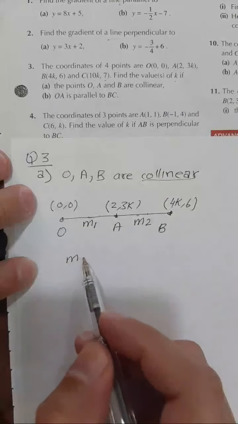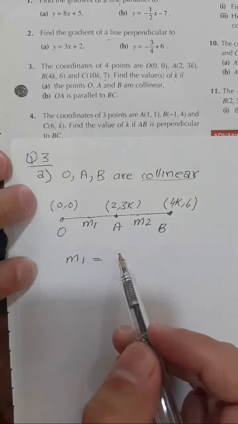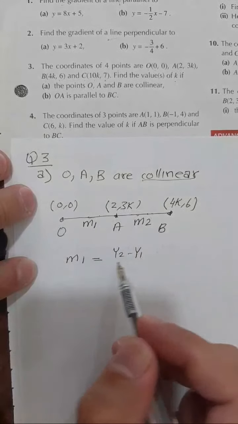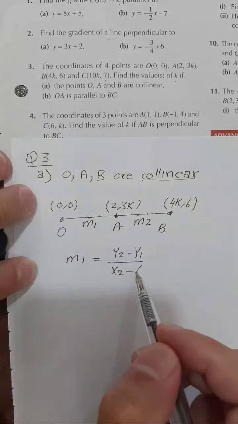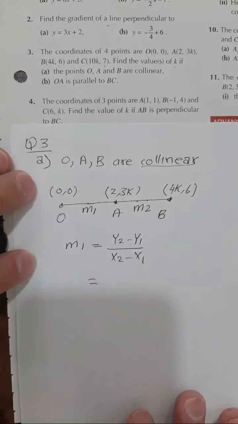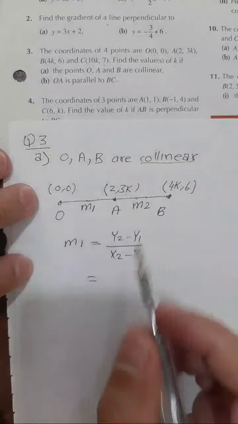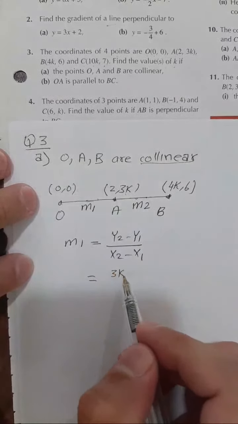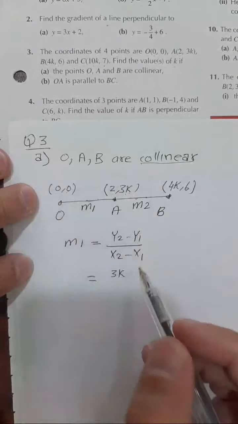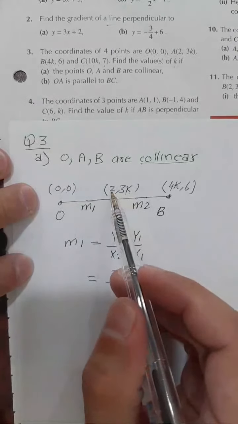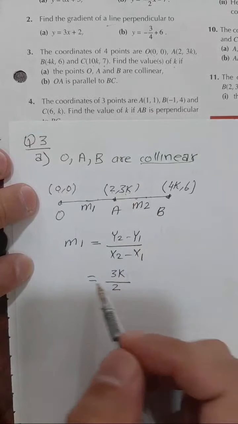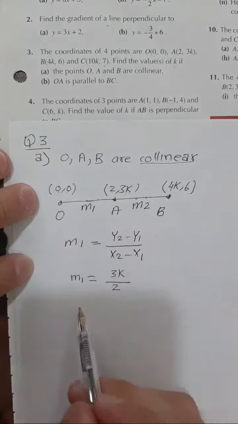So m1 will be equal to, using the formula y2 minus y1 over x2 minus x1, the formula for obtaining the gradient, 3k minus 0. This is y2, this is y1, 3k minus 0 divided by x2 minus x1. Now this is m1. Now find m2.